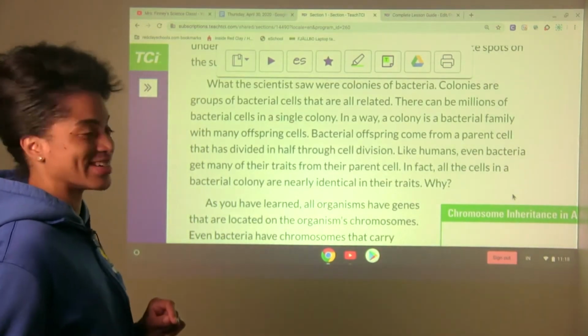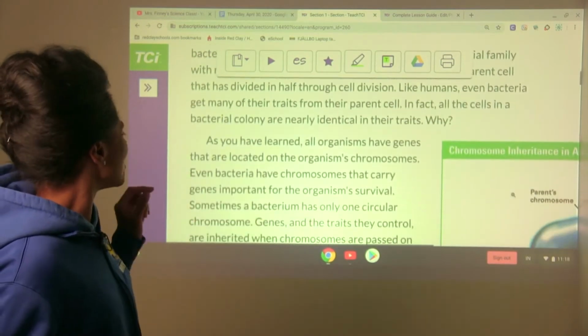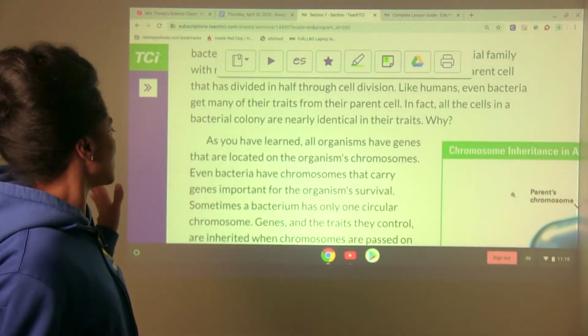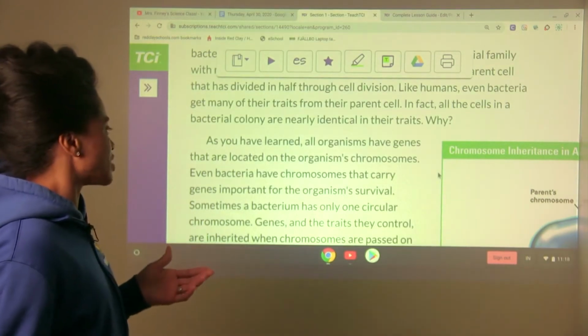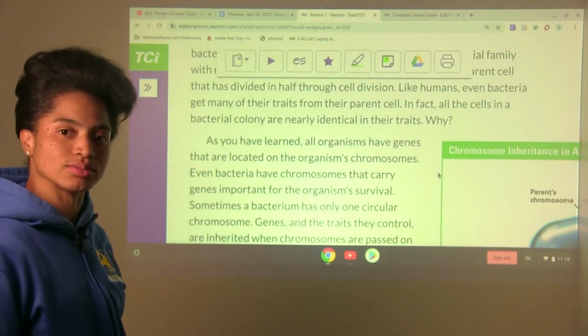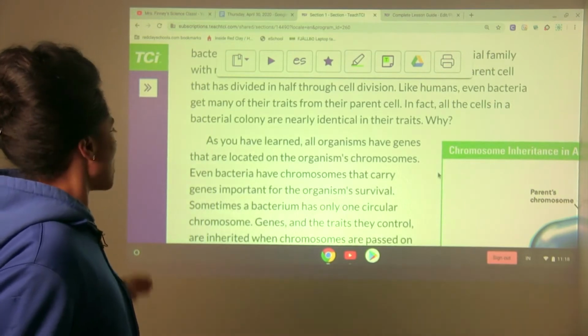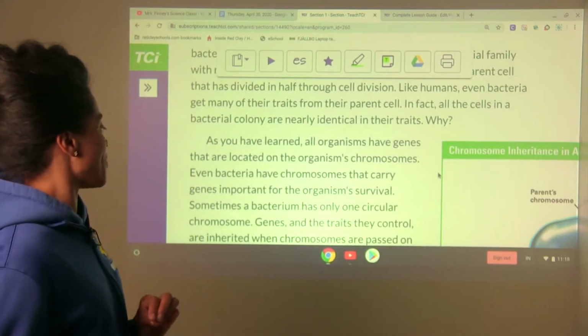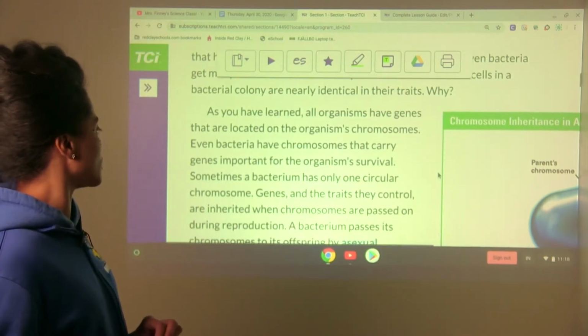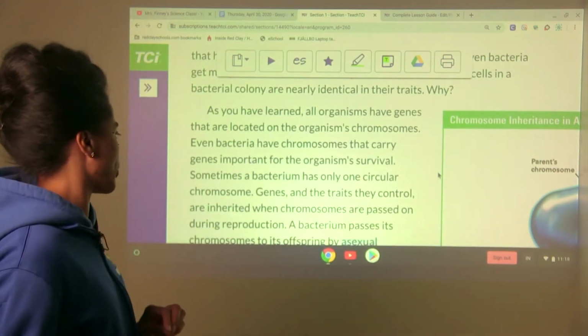We'll find out today. As you have learned, all organisms have genes that are located on the organism's chromosomes. Even bacteria have chromosomes that carry genes important for the organism's survival. Sometimes a bacterium has only one circular chromosome.